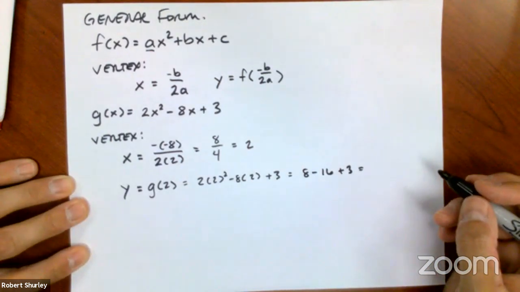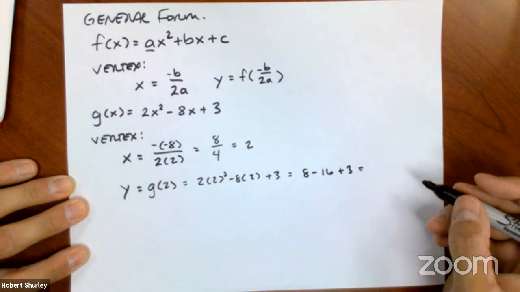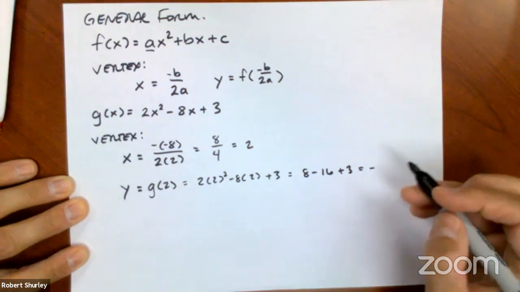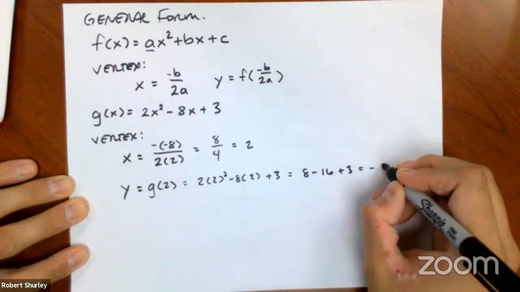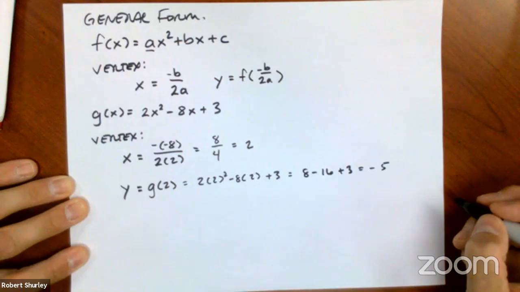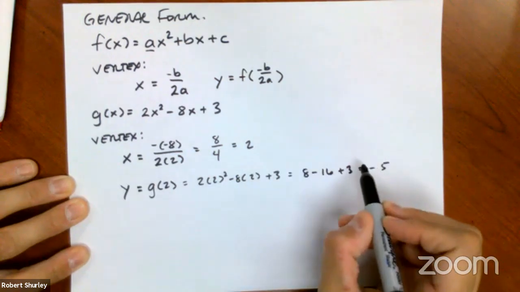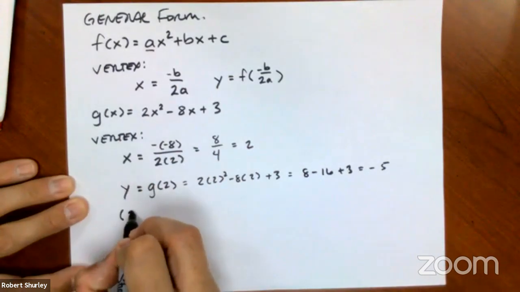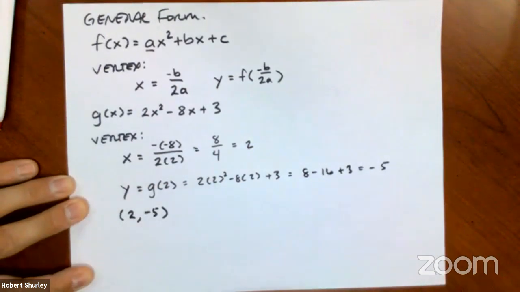I think that's going to be, is that negative 5? 8 plus 3 is, yeah, that's right. Negative 5, right? So you wind up with negative 5. So we got the x and the y value for the vertex. So the vertex winds up being 2, negative 5.